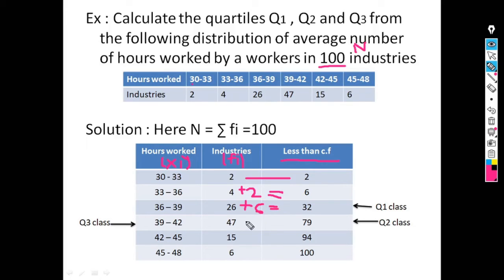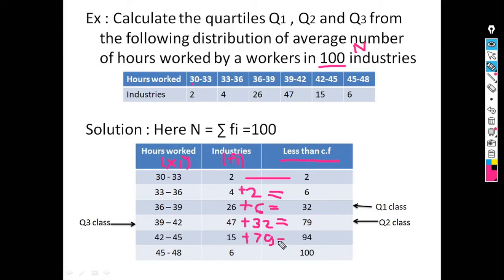Next, 32 plus 47, which is equal to 79. Next one is 79 plus 15, which is equal to 94.